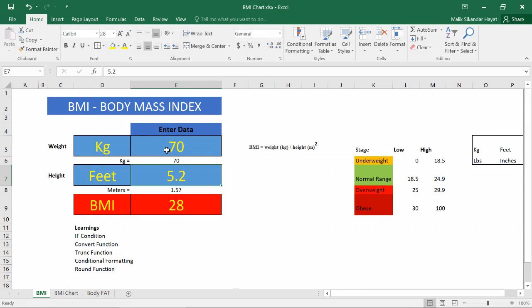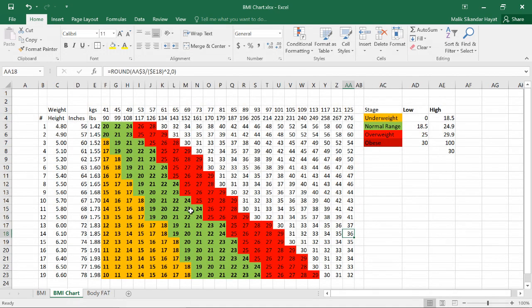For this even, this is not good. 5.5, still not good. So 65, 24. So let's see for example where 24 stands over here, 24, right? So this is in green, we are safe. So how is it green?